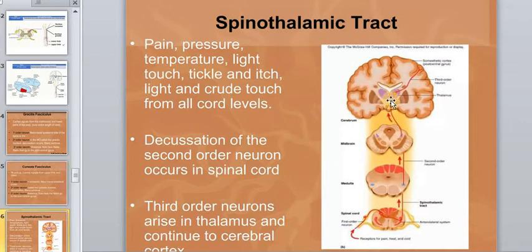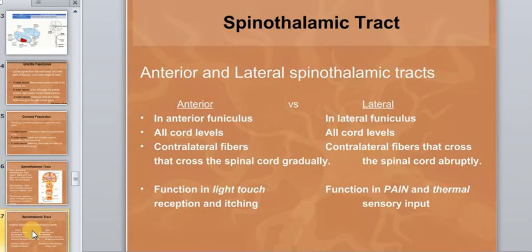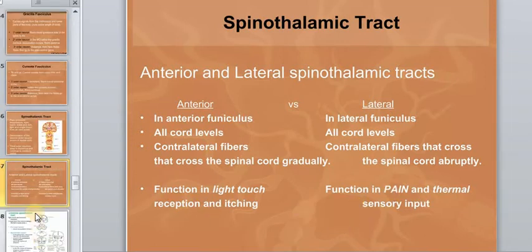Here is the same place like in the previous two tracts, and here what we can see are the spinothalamic tracts, anterior and lateral. Almost the same: light touch and reception of pain and sensory input.